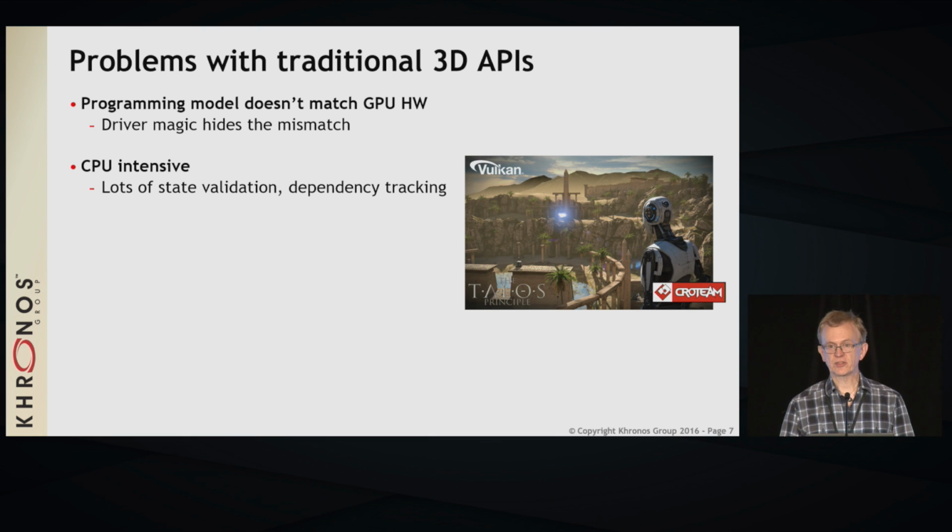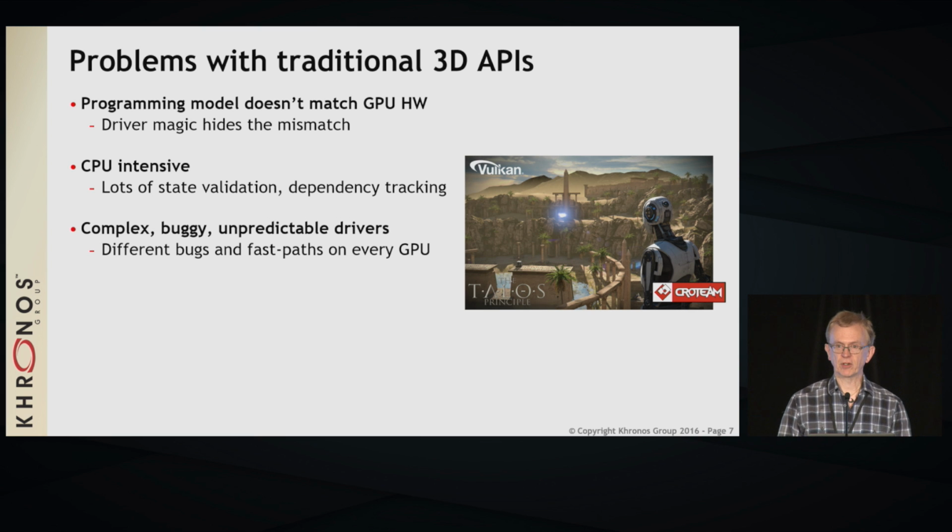The driver magic is CPU intensive, that's bad, but worse, it's different driver magic in every driver. And if you're trying to make a real-time application and the driver's trying to guess what you're doing because it doesn't know, and different drivers are guessing differently, you go crazy trying to trick the driver into doing what you want it to do. So that was the biggest problem we had to solve.